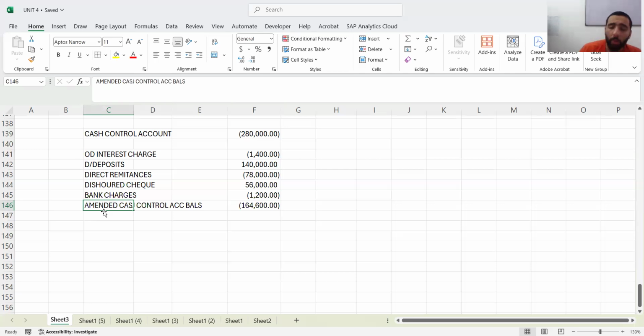Isma, is there any doubt? Right, no doubts. I hope we can go forward and prepare the bank reconciliation. Very simple. Right? So, we are going to prepare the bank reconciliation.